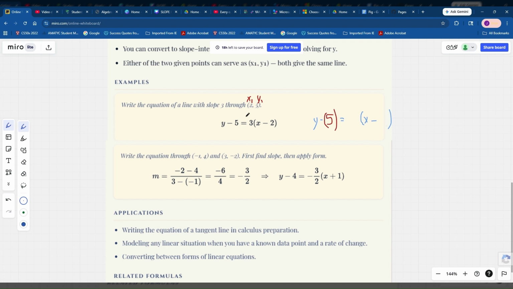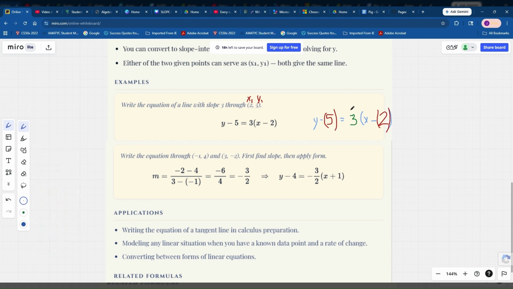And then the slope, it said that the slope was 3. So let's give that slope of 3 a position right over here. Then we're going to take x1, which is 2, and 2 is going to go here. And notice that I put these in parentheses.